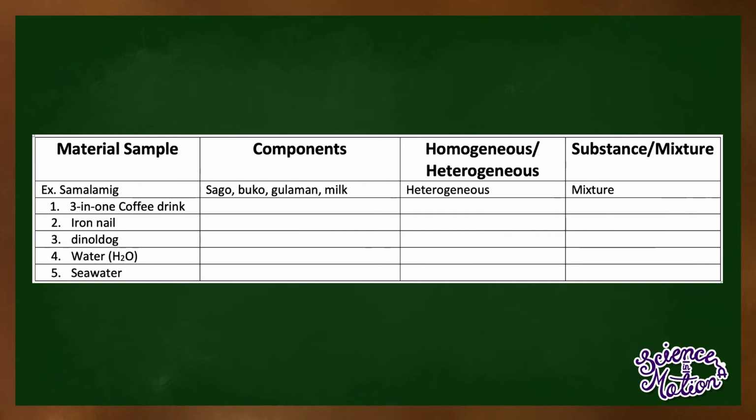In the second column, you are to write the components of the given material sample. In the third column, you are going to choose if the material sample is homogeneous or heterogeneous. And in the last column, you need to determine whether it is a substance or a mixture. Ready your mind because it is time to think and link.